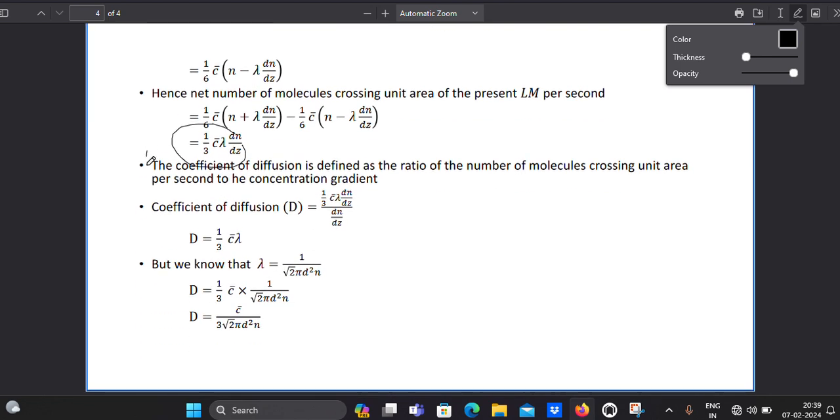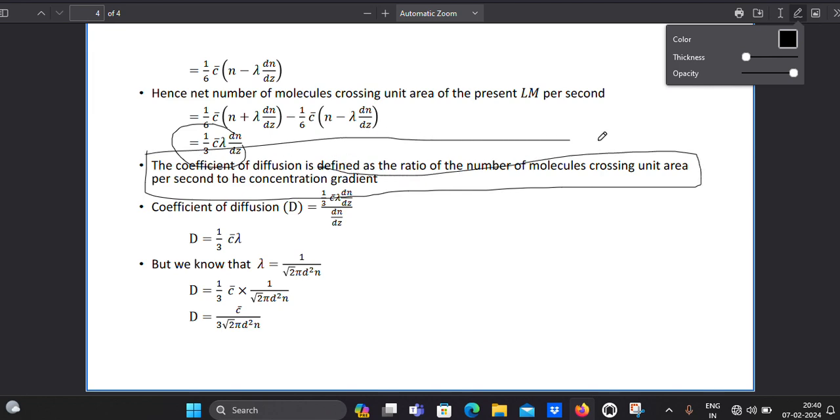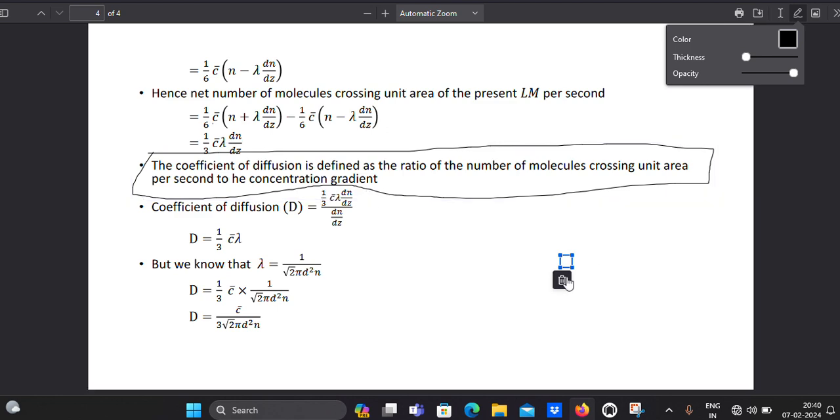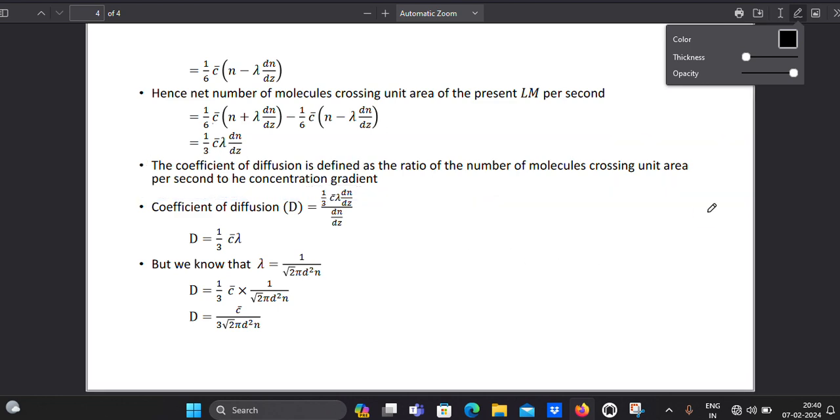And next, it is the definition of diffusion. So please keep the diffusion definition in mind. What is the definition here? The coefficient of diffusion is defined as the ratio of the number of molecules crossing unit area per second to the concentration gradient. Here, the 'to' indicates a division line.